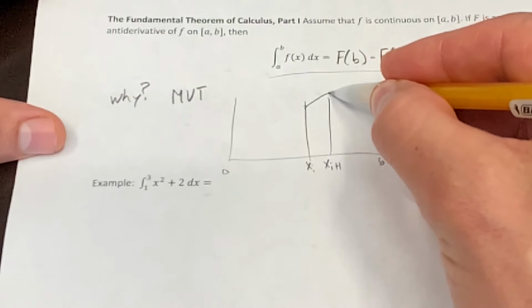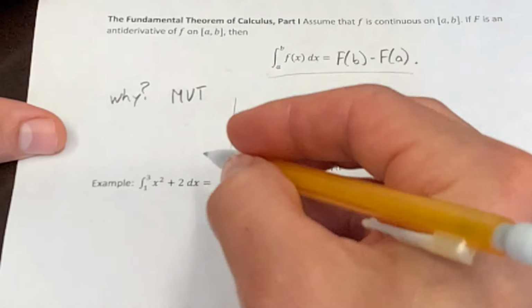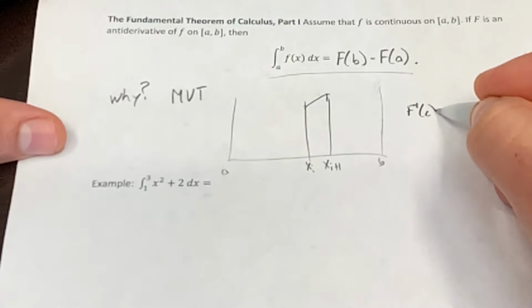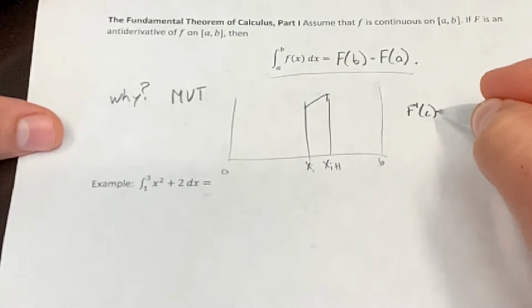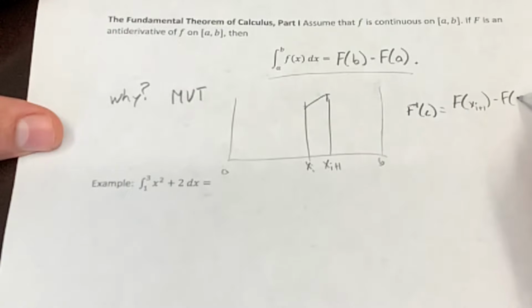If capital F is going between these two points, the mean value theorem says there's some point c where you can take the derivative and it's equal to F of x_{i+1} minus F of x_i over the change, and we call that delta x.